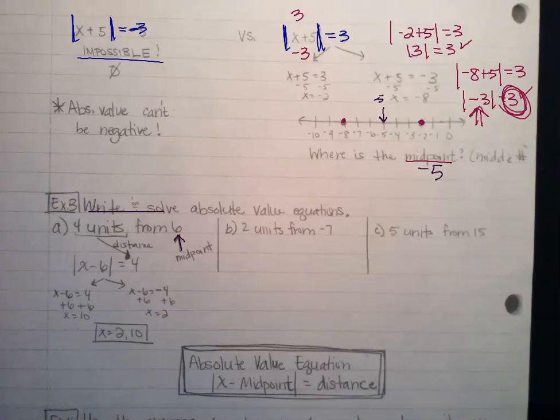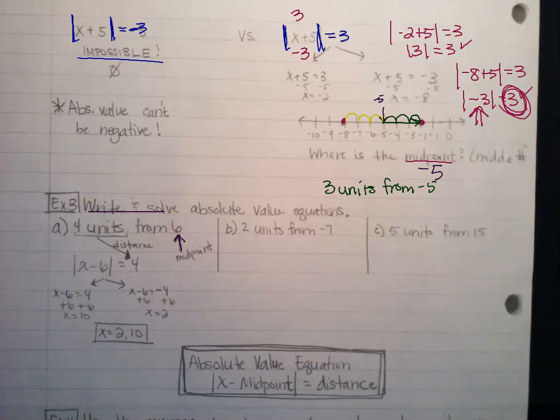So let's go back. -2 is how many units from the midpoint? We can go 1, 2, 3, right? So we would write this as 3 units from -5. And if it's truly the midpoint, the other one should be 1, 2, 3 units as well.